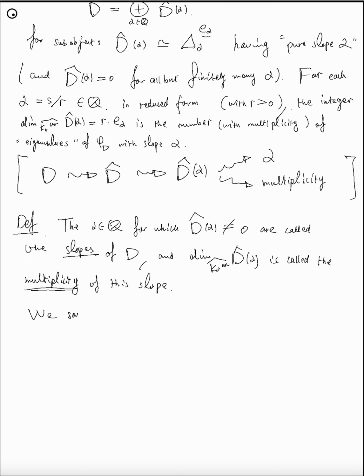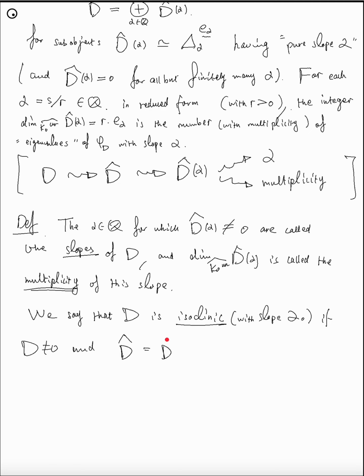And we see that this isocrystal D is isoclinic with slope alpha 0, if this is not a 0 module, and D hat is the same as just one component, one simple object, D hat alpha 0 for some alpha 0 rational number.